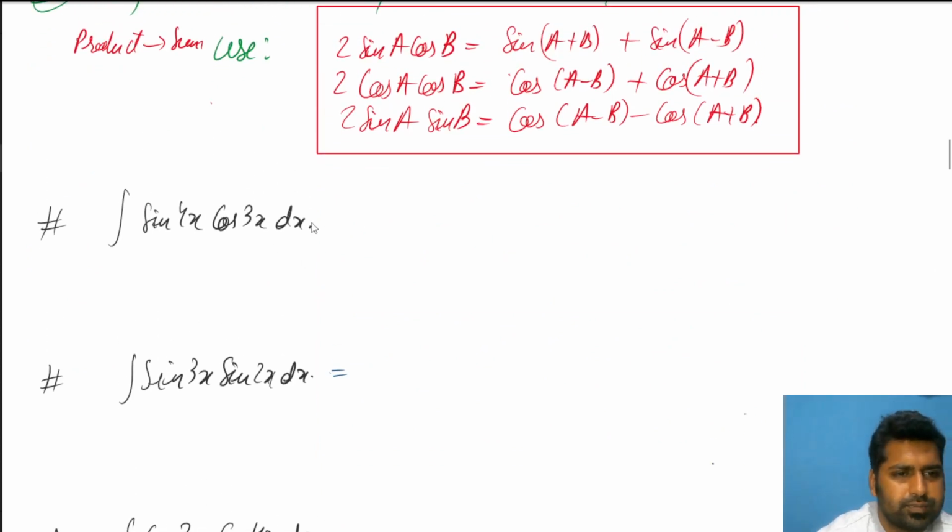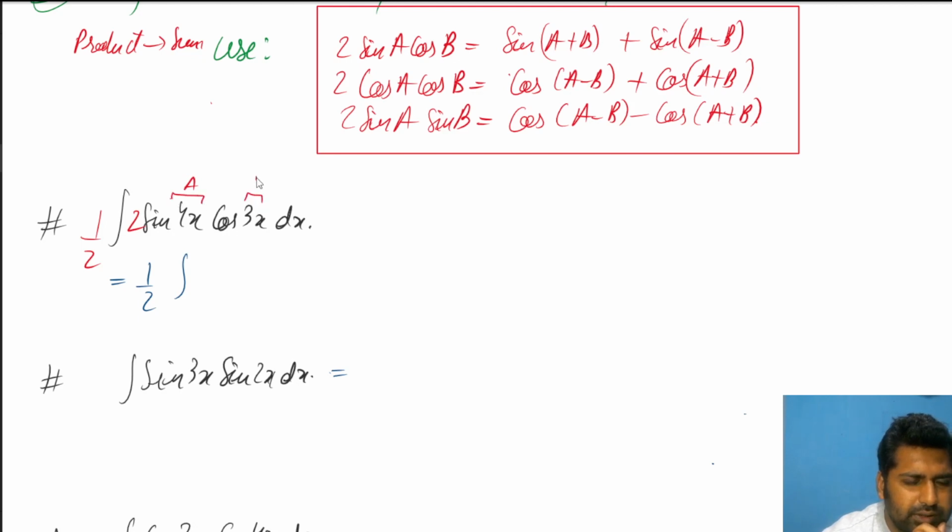Okay, first question. This is integration of sine 4x cos 3x. So first thing, the formula needs 2 in multiplication of the product. So let's multiply by 2 and adjust it by 1 by 2. So this becomes integration of 1 by 2. Now 2 sine a cos b, this is your a, that's your b. What is 2 sine a cos b?